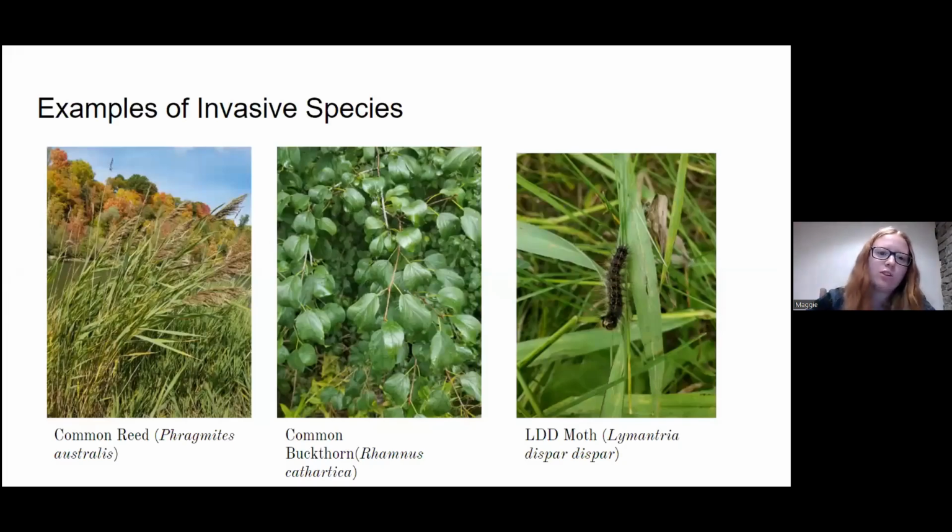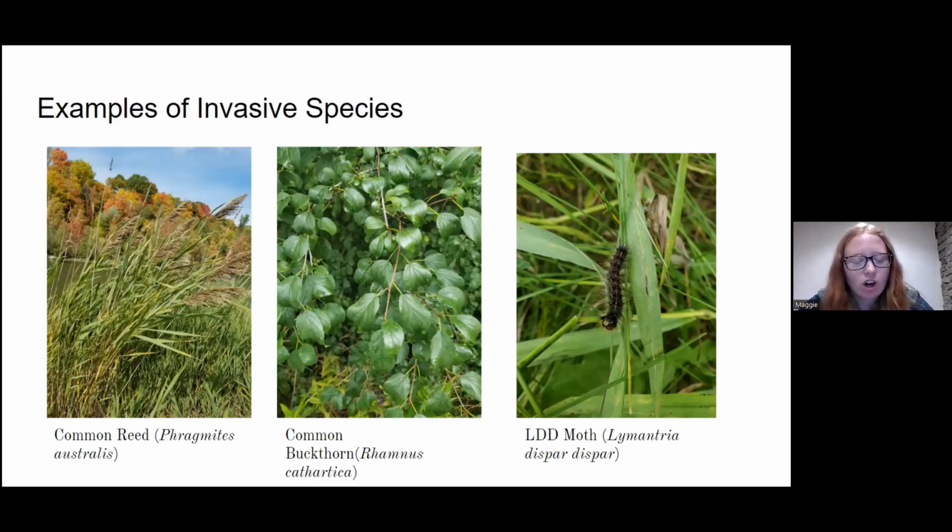I'll go over a few examples first. I have a couple of slides that go over a few. There are many invasive species, so I'm not going to talk about every single one, but the list just keeps growing. These are some common ones that you probably know about. We've got the common reed or Phragmites. That's the one that you see all the time along roadways, along the 401, the big stands of grasses or reeds.